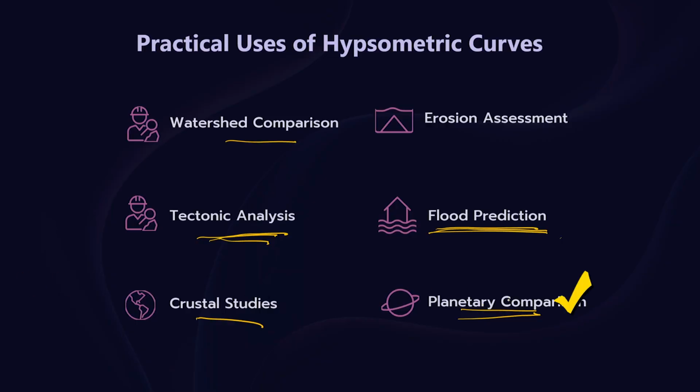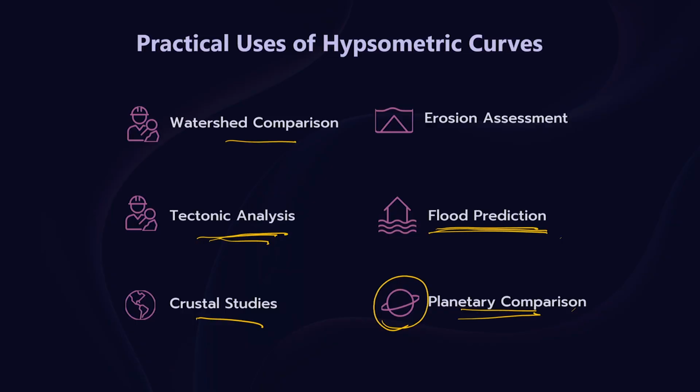So, this will allow us to foresee areas where floods might happen, or in cases of floods, areas that might overflow. Planetary comparison seems like something out of this world, pun intended, but it has been observed that when scientists are first going to a new planet other than Earth, for example Mars, they set their rovers out, they measure the elevation changes, and they use this to compare the surface of said planet to that of Earth.